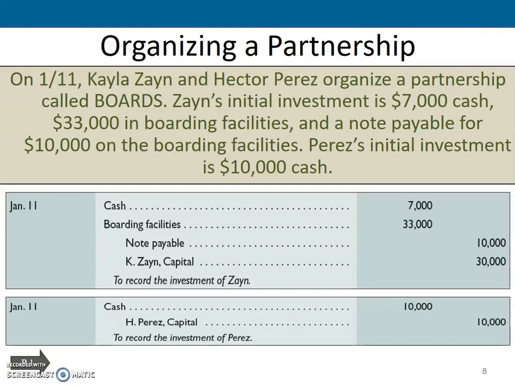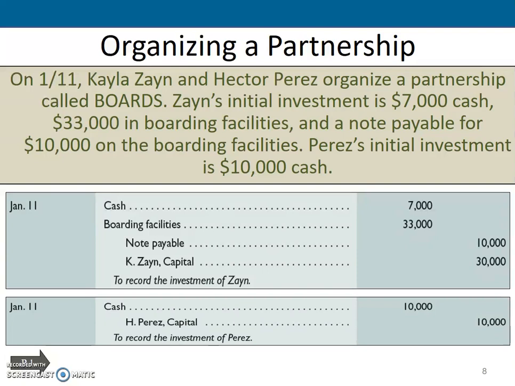So we're recording the investment of Zane on January 11th by debiting cash and boarding facilities. So that's a total of $40,000 that Zane is putting in. But Zane is also bringing the note payable for $10,000 that he still owes on those boarding facilities with him. So it just decreases his equity by that amount of liability. So he put $40,000 assets being cash and facilities into the business, but he has a liability of $10,000.